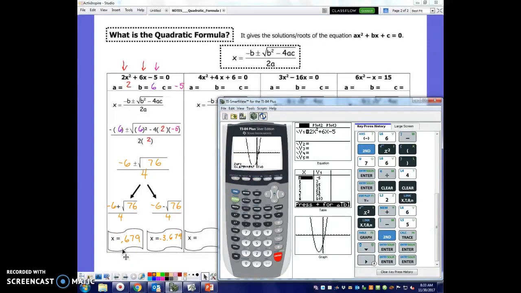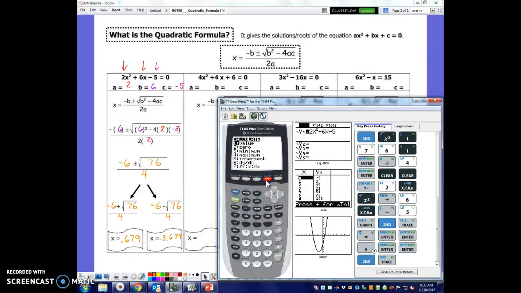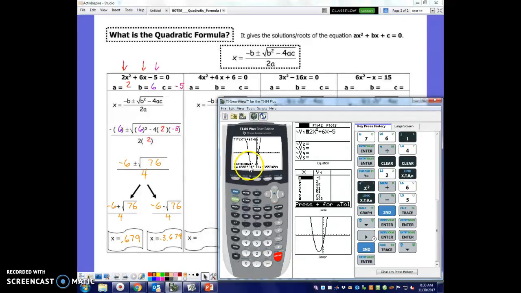Be sure you're doing this with me so that you know how to do it. Okay, so we need to find the zero. So second calc, go to 0. Left bound. So we're going to the left side of this x-intercept because we already found this one. So the left side of that one. There we go.